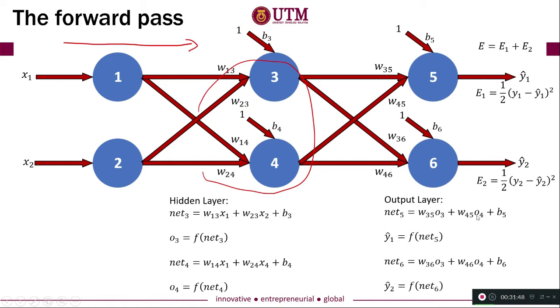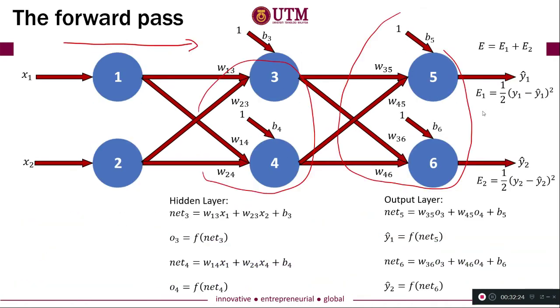Then you bring those values here, and you can proceed with the output layer before you can find Y1 hat and Y2 hat. Once you finish that, you calculate the total error. Now, backpropagation is all about finding the gradients of each and every parameter, which is also known as del E over del that parameter. It can be del E over del W or del E over del B.